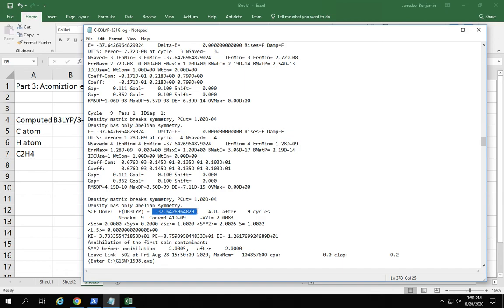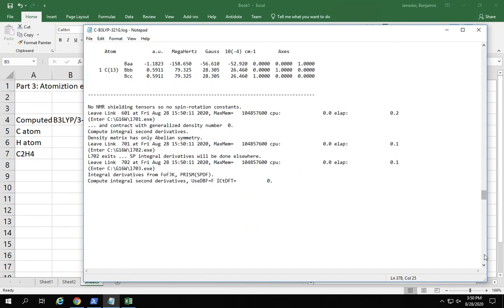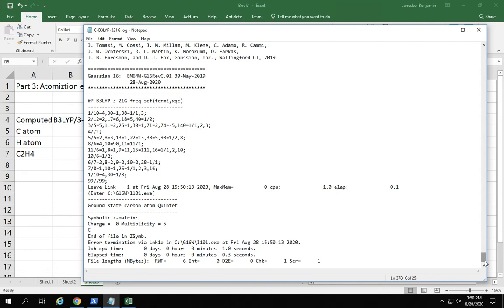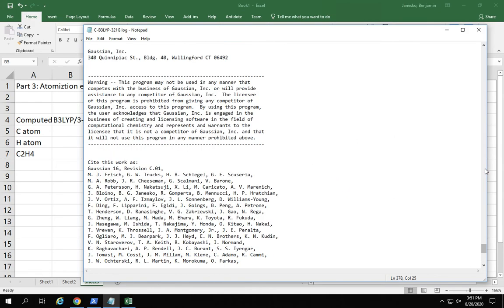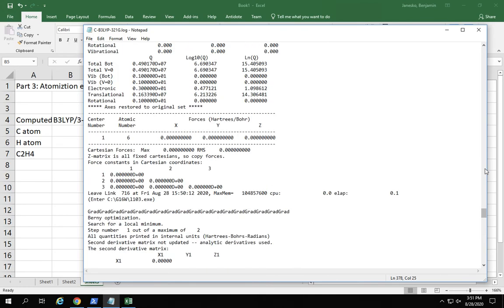My second... Oops, didn't run. Okay, I was missing the blank line that you must have at the end of the file. But anyway, we'll just run that in a second file.